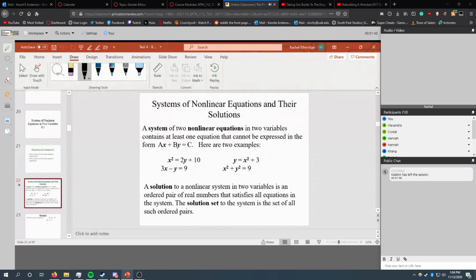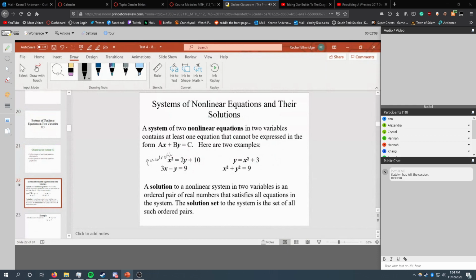This one, so this is x squared equal 2y plus 10. When you see a y to the first power and an x squared, that's going to be a quadratic, because you could rearrange that and write it in terms of y equals some x squared function.